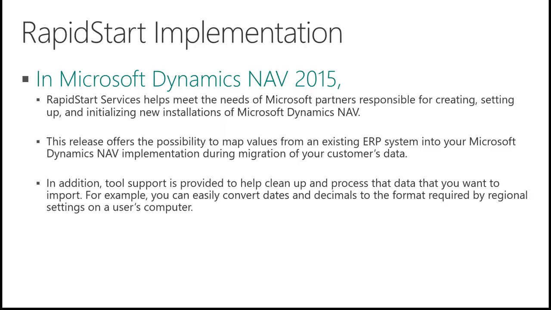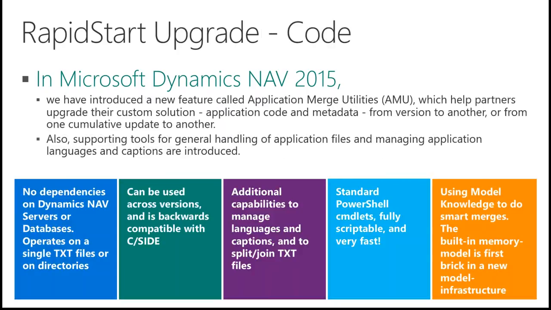We also can easily support conversion of dates and decimal formats for other regional settings in your computer. So in NAV 2015, we've also introduced what we call the Rapid Start Upgrade Code. And the new feature is actually called Application Merge Utility, AMU.